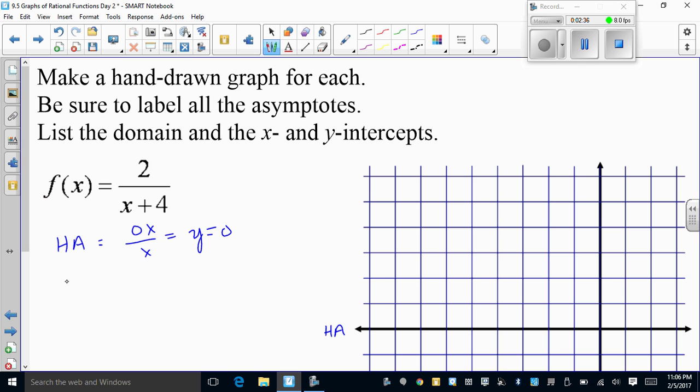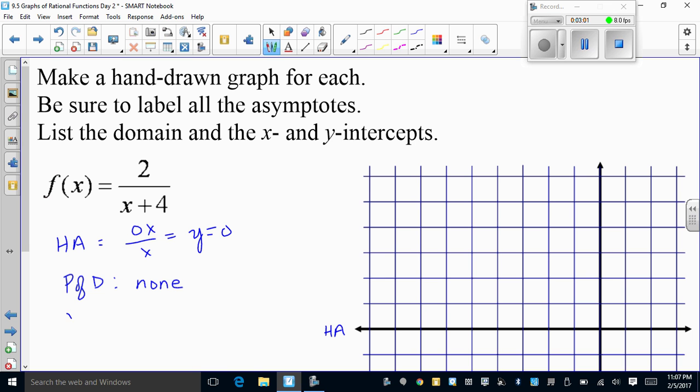Point of discontinuity is going to be none, because you cannot reduce the 2 and the 4. Actually, let me repeat. The only term in the denominator is x plus 4. There's no x plus 4 in the top, so I can't reduce it.